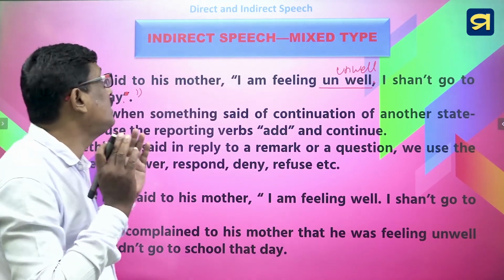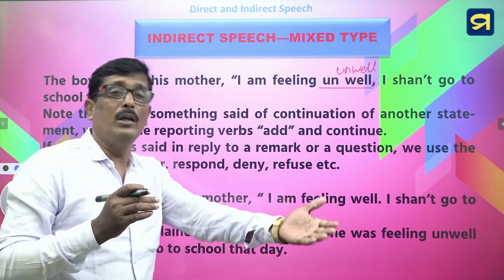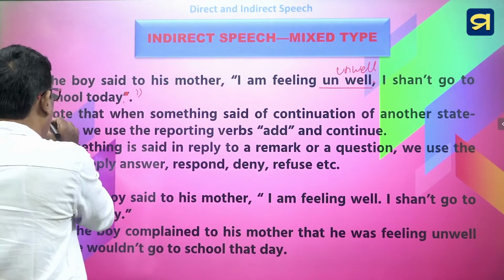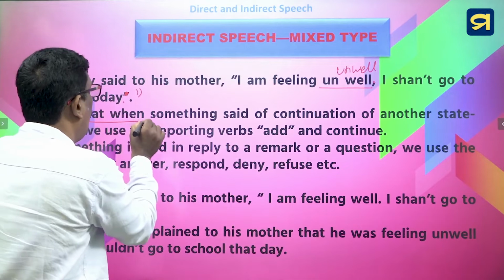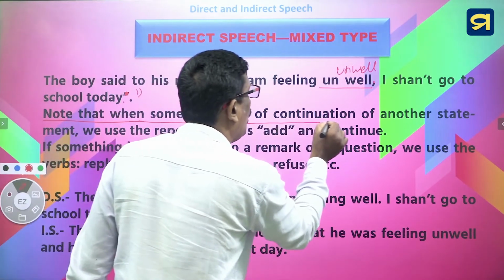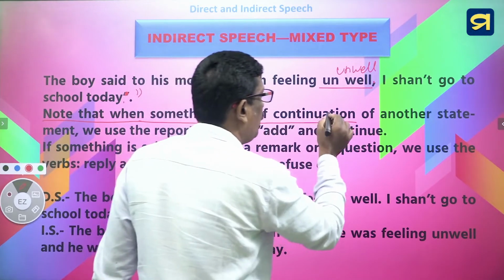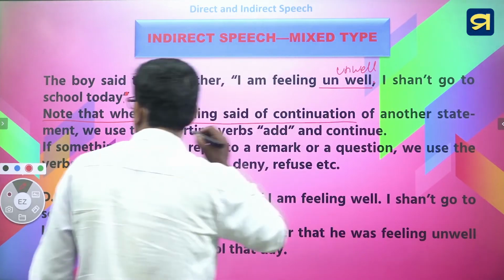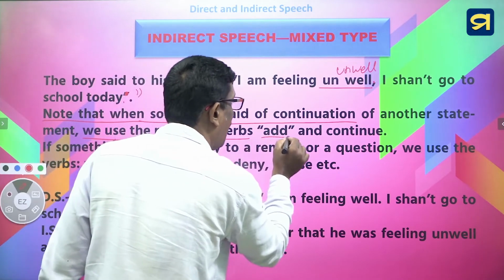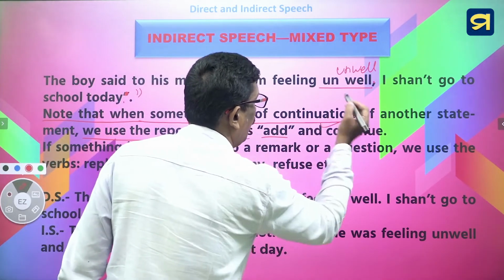Okay, there are two sentences. When there are two sentences in the direct speech, how can we change from direct speech to indirect speech? Note that when something said is a continuation of another statement, we use the reporting verbs add and then continue.